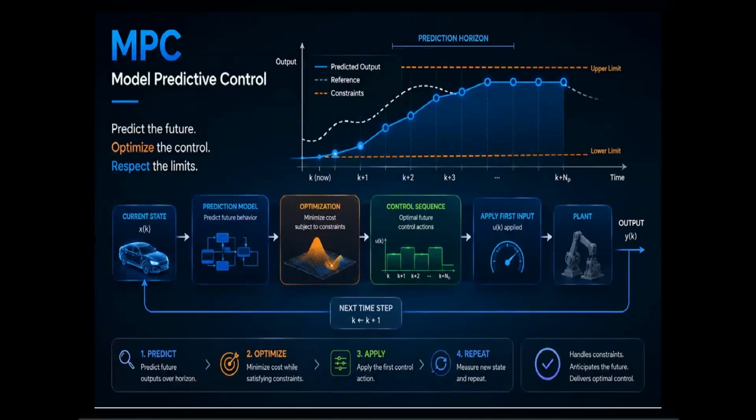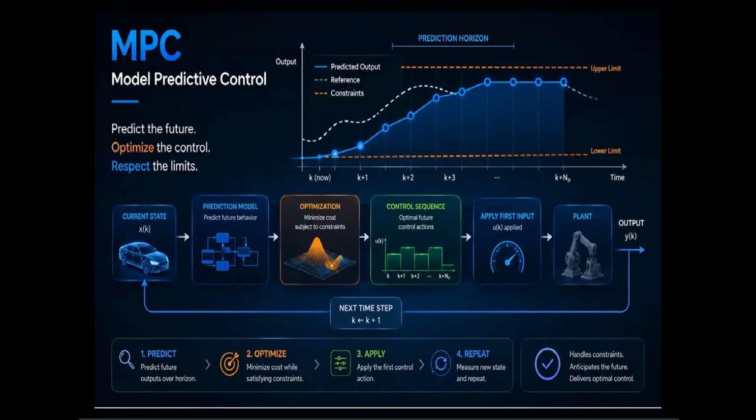Rather than looking at a single instant, it simulates many possible future trajectories. For each possible trajectory, it evaluates a cost function that measures how well the system follows the desired objective. At the same time, it must respect the physical limitations of the system. For example, an actuator cannot produce infinite force.